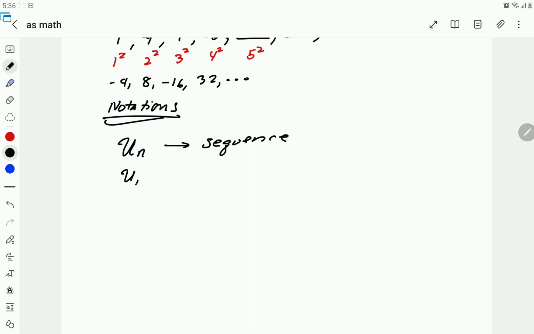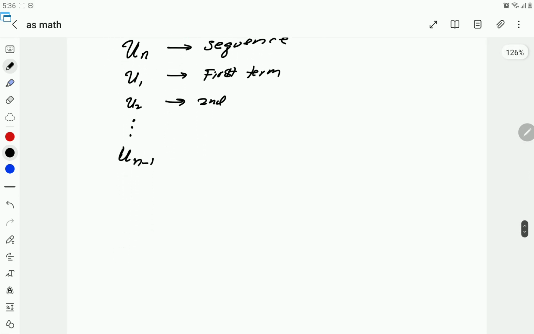And this symbol means the first term, second term, and so forth and so on. This symbol means the n minus 1 term. Okay, n minus 1 term.